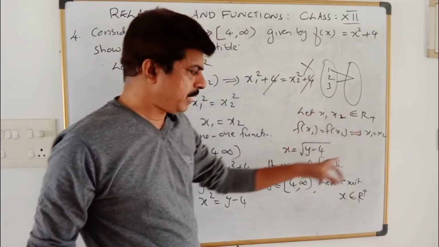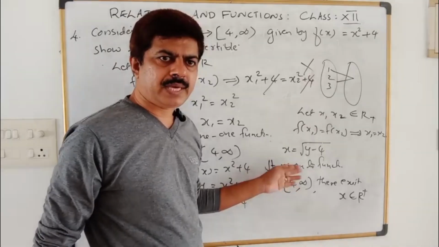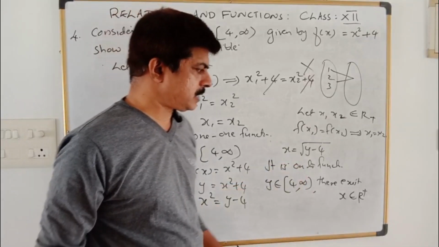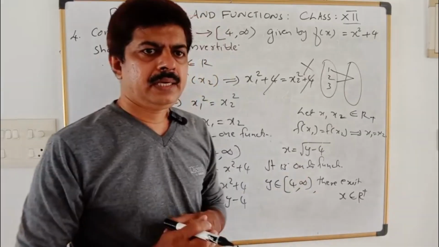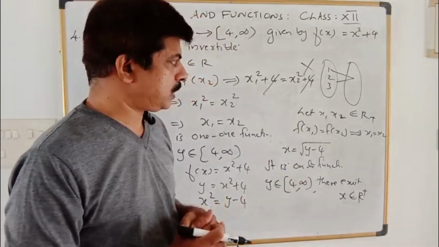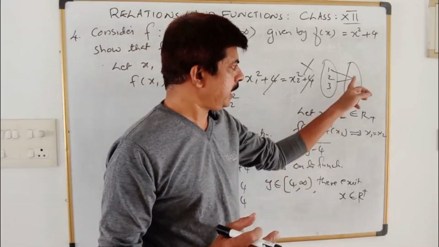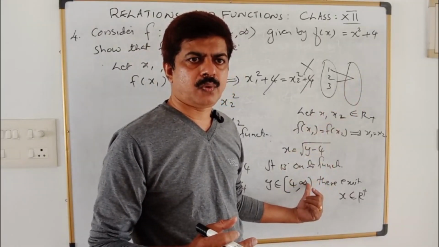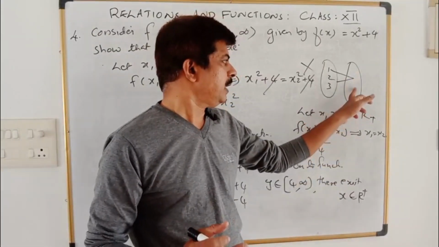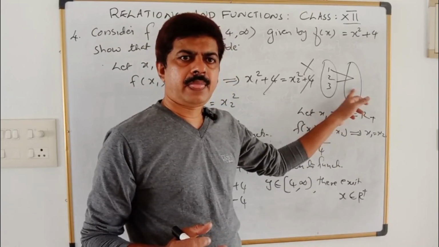For every y we are getting one x value. So we can say that it is an onto function. Being one-one and onto, we can say that it is an invertible function. So what does it mean? Onto means every element in the codomain has a preimage.